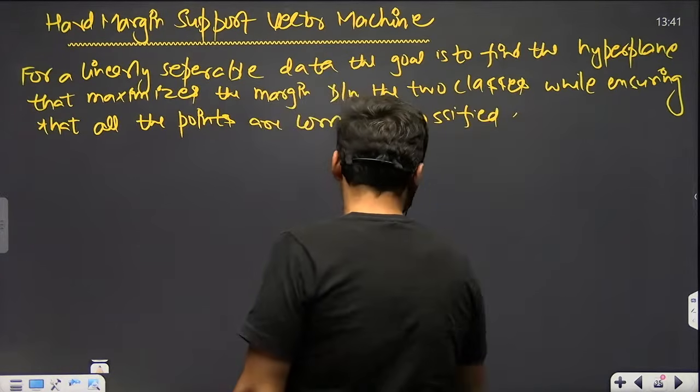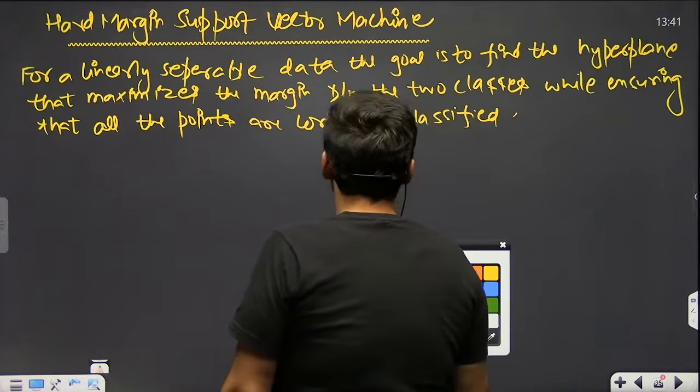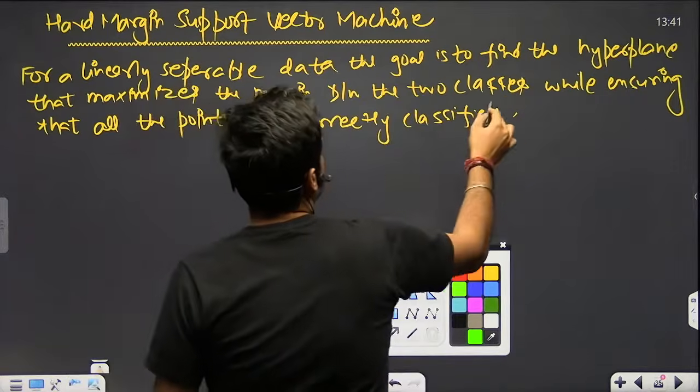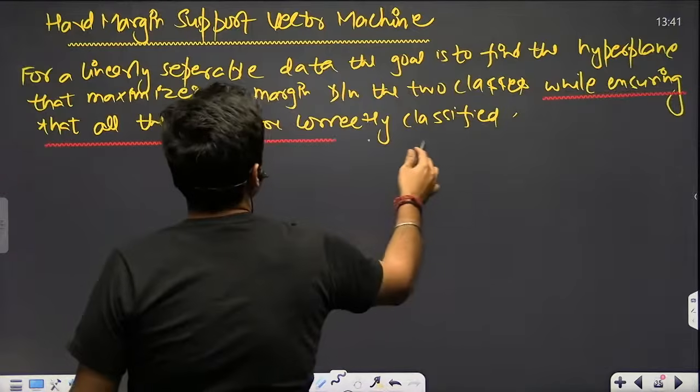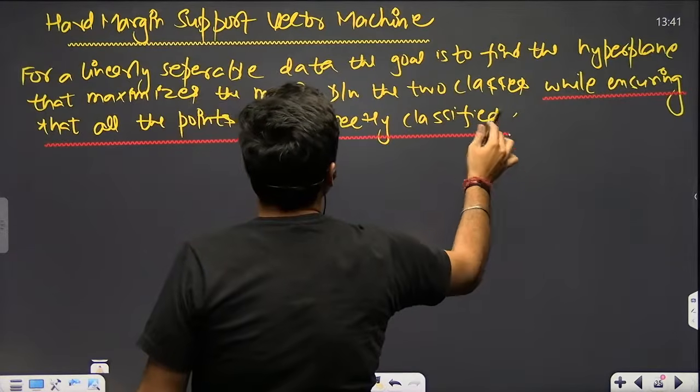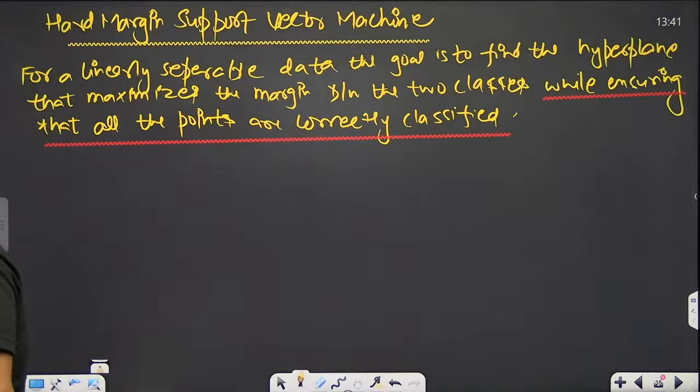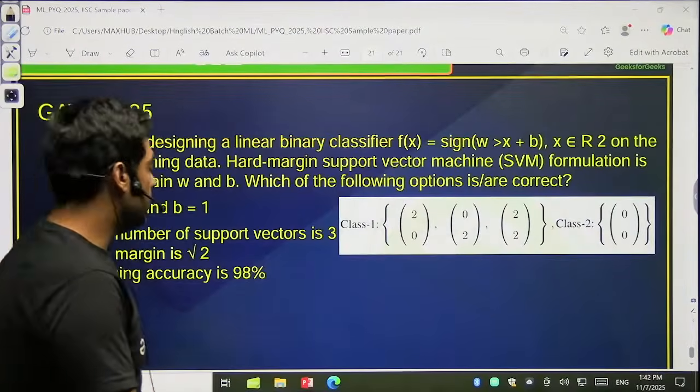So the hard margin support vector machine doesn't allow, just try to understand the concept, the hard margin support vector never allows for any misclassification.